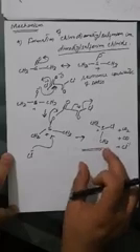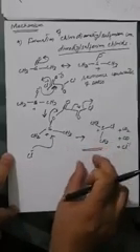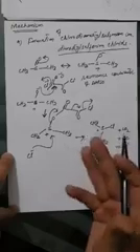Actually, the reaction proceeds in that direction where the entropy of the system increases. What is entropy? Entropy means the randomness. Here you will see that we have only two starting compounds, but in the product you see 1, 2, 3, 4, four different species.